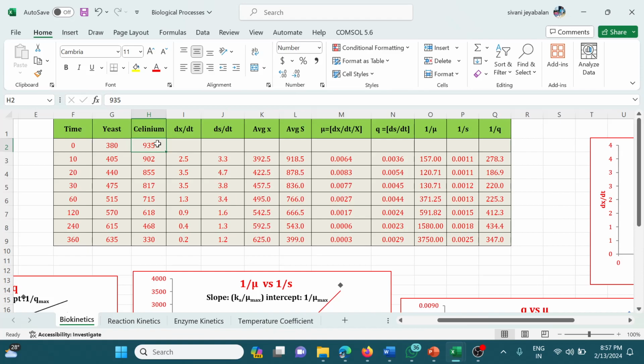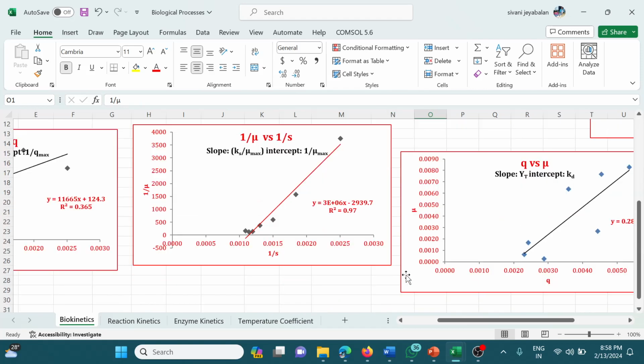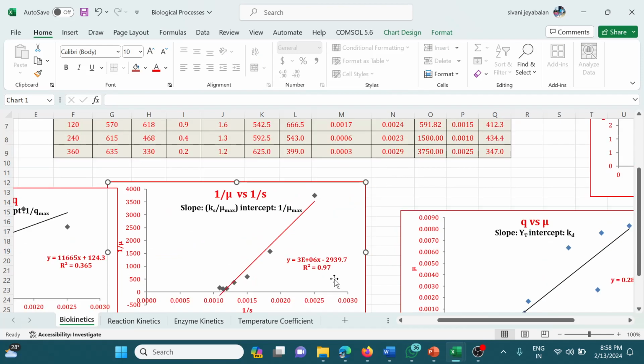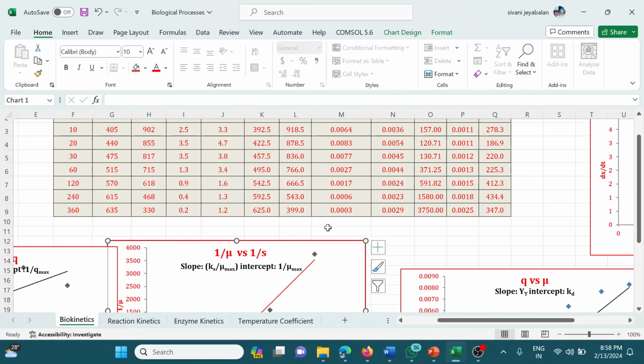First you will add some initial yeast, then some initial selenium, and measure how the selenium is reducing with respect to time. If you have these three data, you can make plots to get the maximum growth rate.